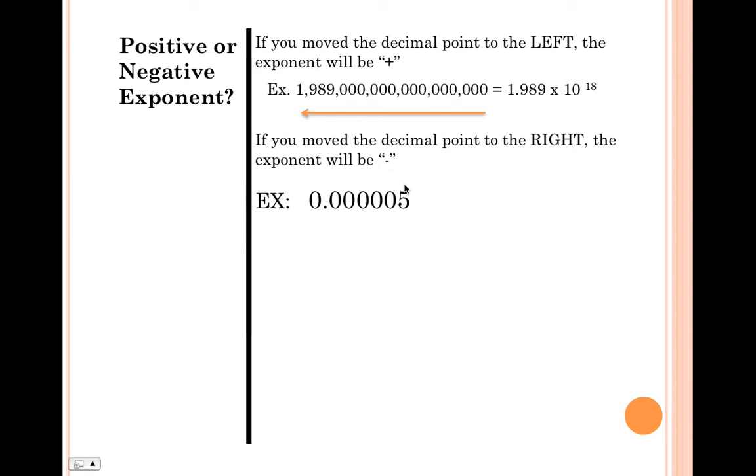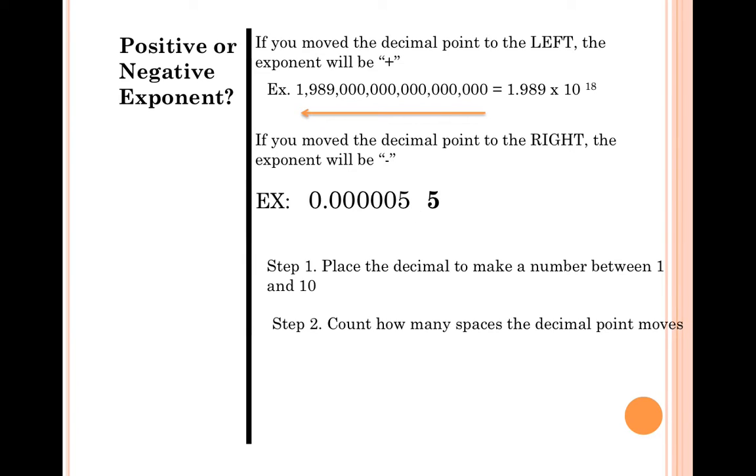So for example, let's go ahead and put this into scientific notation. So remember, the first step is to place the decimal in a way that lets you have a number that is between 1 and 10. So that number will be 5. So the decimal point will be placed after the number 5. Step 2, you want to count how many spaces the decimal point moved from its original point to its new position.